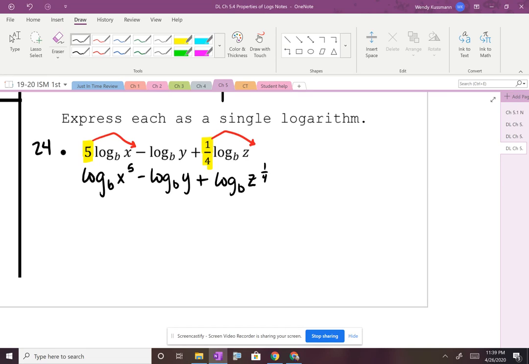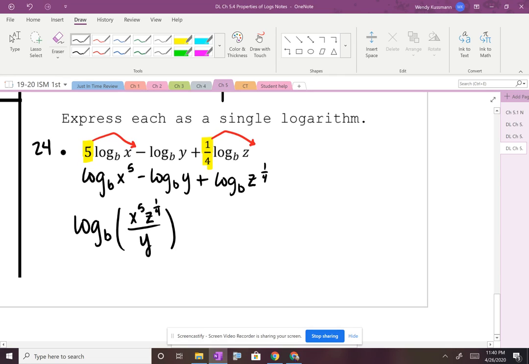Remember, anything that has a minus sign will go on the bottom of the fraction in the argument, and anything with a plus sign will go on the top of the fraction with the argument. So log base b of, there's one large argument, which ends up being a fraction. So x to the 5th is a positive, so it goes on top. The y is negative, it goes on bottom, and z to the 1/4 goes on top because it's positive.